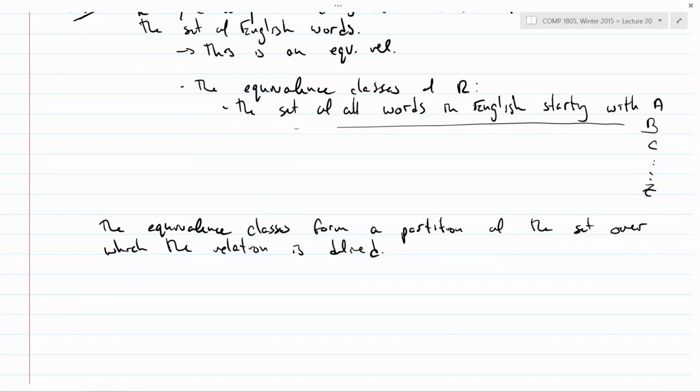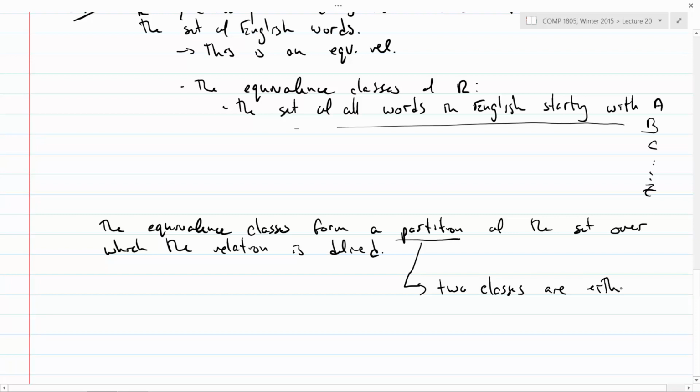So this is a partition, and that's a word I've been using but haven't really defined thoroughly. So I'll do that now. So two classes are either equal or disjoint. Right? So there's no overlap. If you took two classes, they're either equal or disjoint.